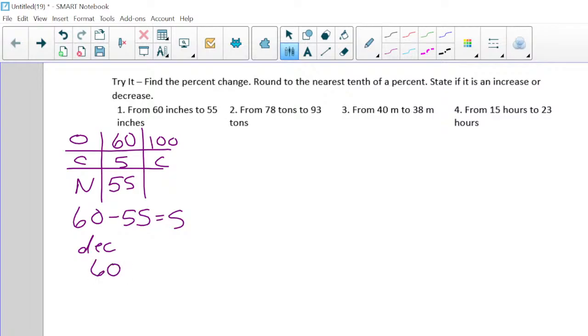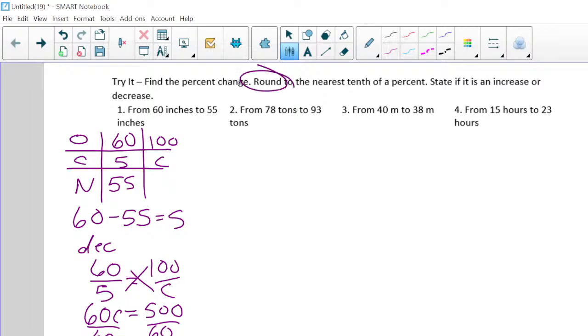So this is 60 over 5 equals 100 over C. Cross multiply, 60C equals 500. Divide both sides by 60. And C equals 500 divided by 60, 8.3%. Because again, we're still rounding to the nearest tenth of a percent.